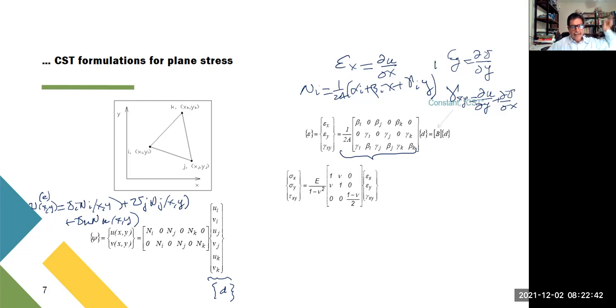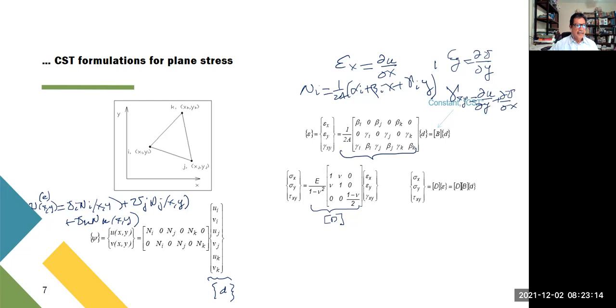Now, let's go to stress, because we need both in order to apply minimum potential energy. Okay, so we have the 3 elements of the stress tensor that we need to evaluate. And this is Hooke's law multiplied by this. So all of this matrix here is what we call the D matrix. And this vector is this one here.